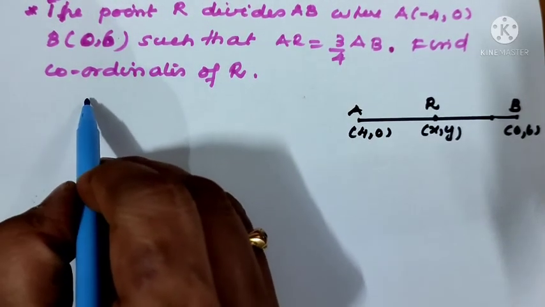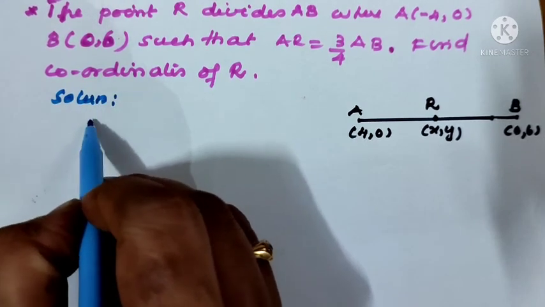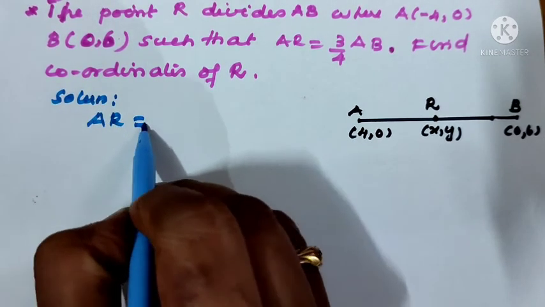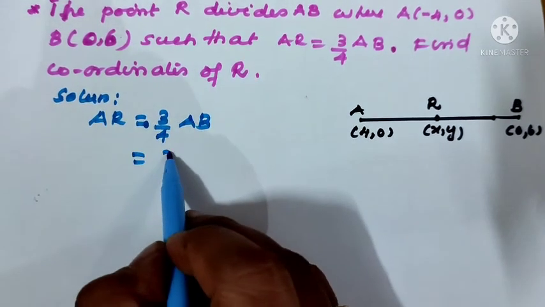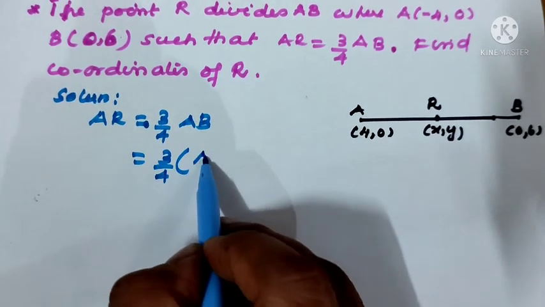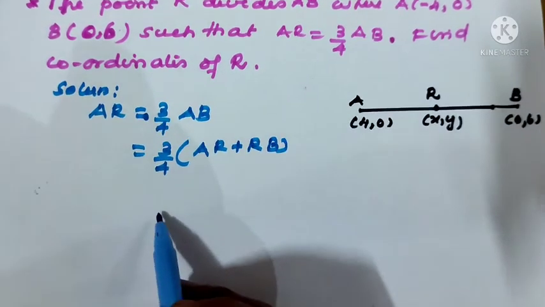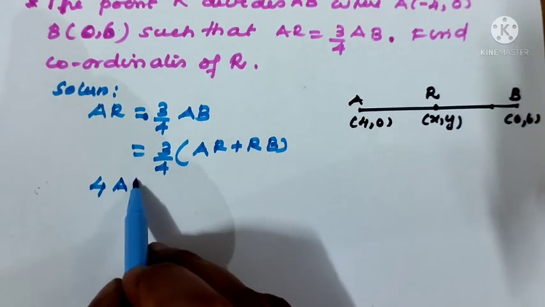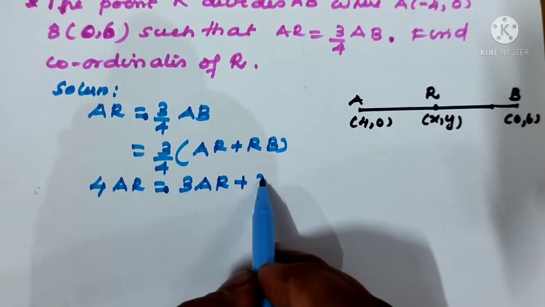So we'll write here AR equal to 3/4 AB. If you check the diagram, we can write 3/4 into (AR plus RB). So cross multiplying, 4AR equals 3AR plus 3RB.